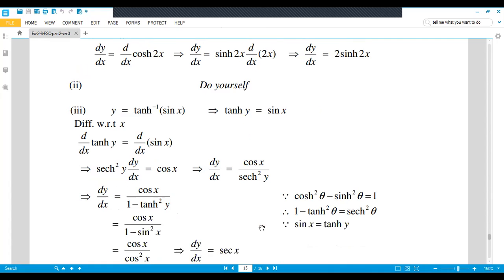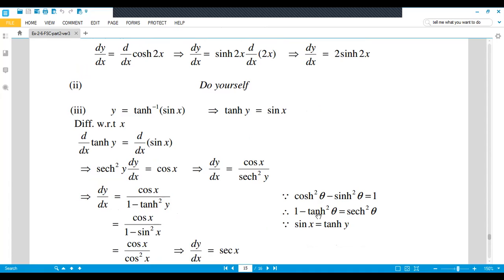And you know that sech square y is equal to 1 minus tanh square y. How? Look, you know that cosh square theta minus sinh square theta is equal to 1.